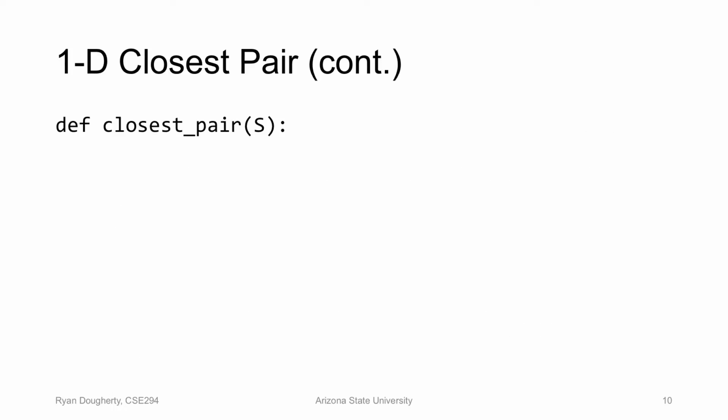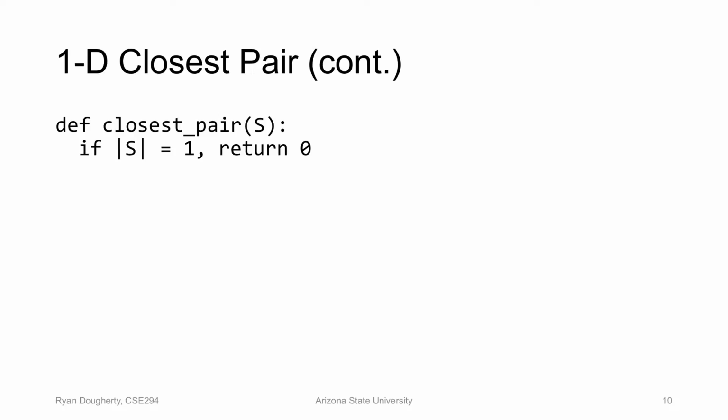So now let's do a pseudocode version here. I'm given this set of points S, and I want to find the closest pair. I'm going to return the distance of the closest pair, not the pair itself. If there's only 1 point here, that actually is a bug.